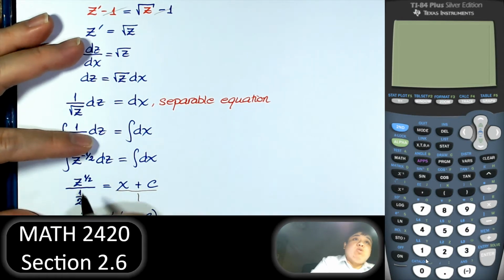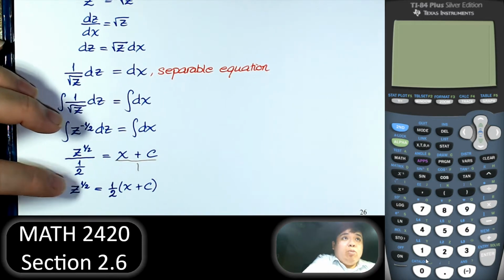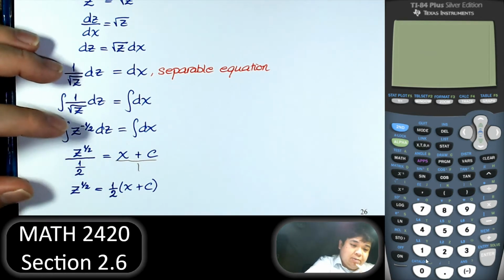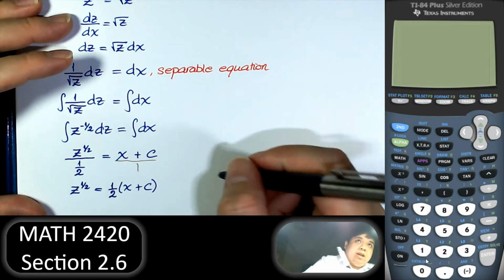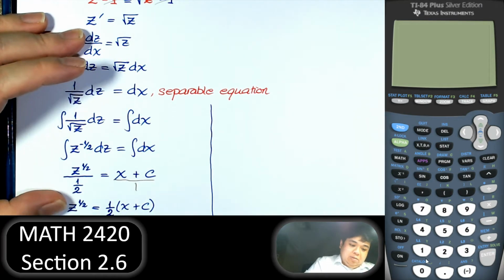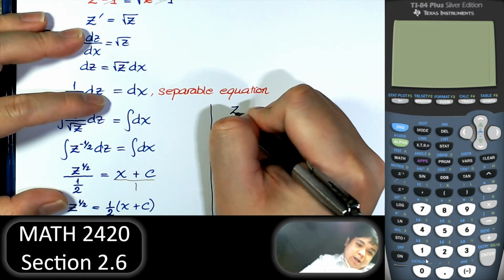Yeah, cross multiply. Now, if we want to get rid of the 1/2, we can square both sides. Let me just continue over here. Just square both sides. So we have z squared.